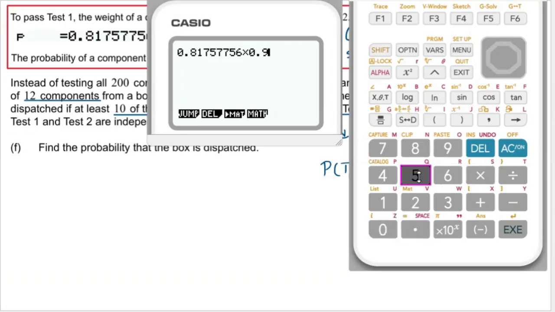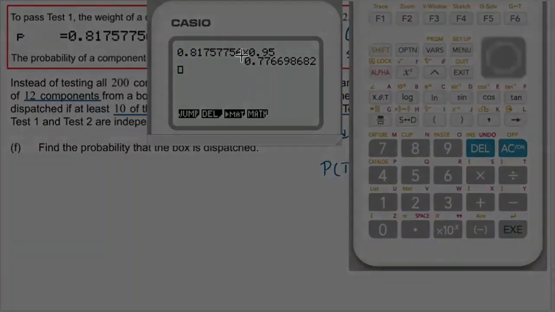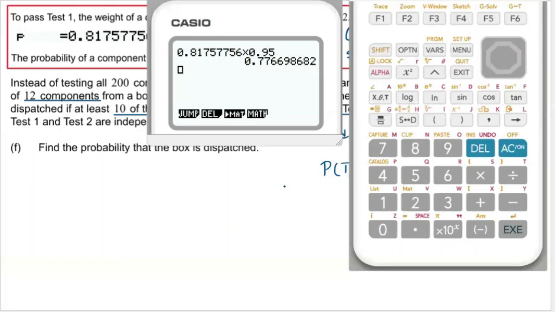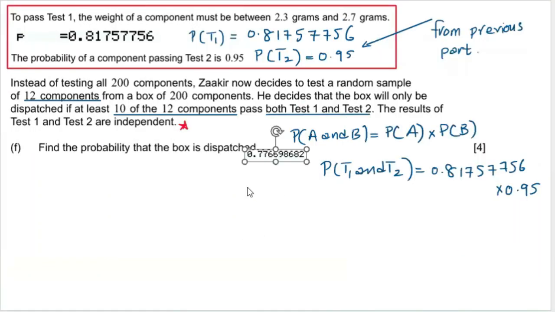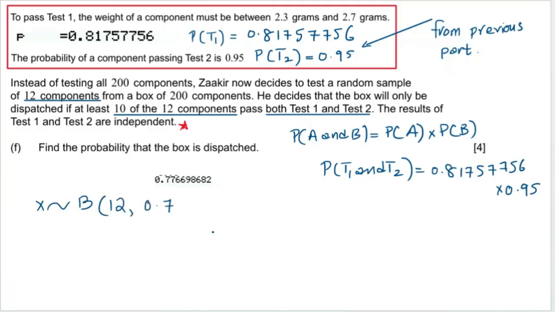Let's go. It's 0.7766. Let's copy it. It's too many numbers, so I can copy it, but in your exam you can just write these answers. Okay, so now X follows again a binomial distribution. N is 12, but the success is 0.776698682. Again, I would encourage, don't use rounded answers over here.